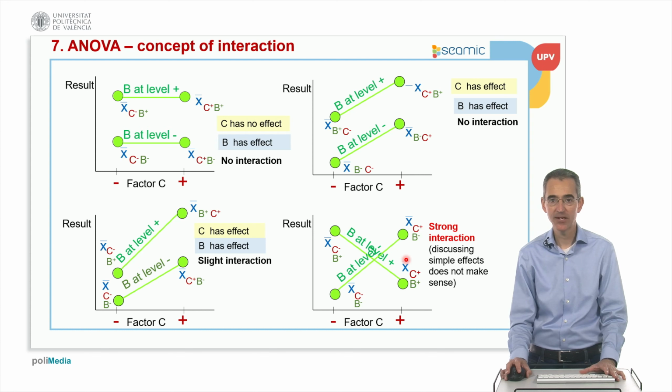So there is no effect of C. But if we see, these lines are not parallel at all, which means that there is a strong interaction. So it can happen that there is a strong interaction, although the simple effect is not significant.